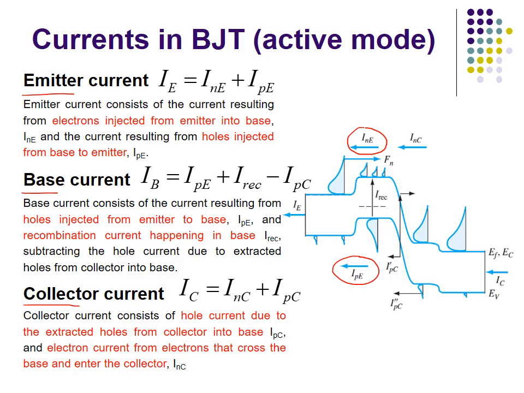Base current consists of the current resulting from holes injected from emitter to base, IPE, and recombination current happening in base, I recombination, subtracting the hole current due to the extracted holes from collector into base. Collector current consists of hole current due to the extracted holes from collector into base, IPC, and the electron current from electrons that cross the base and enter the collector, INC.